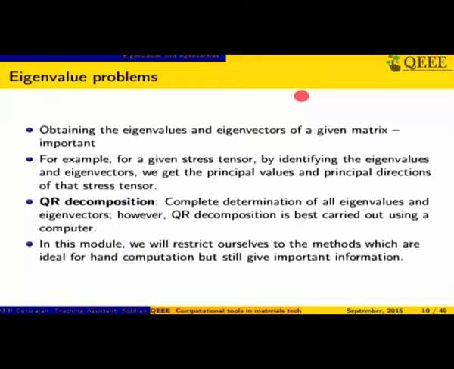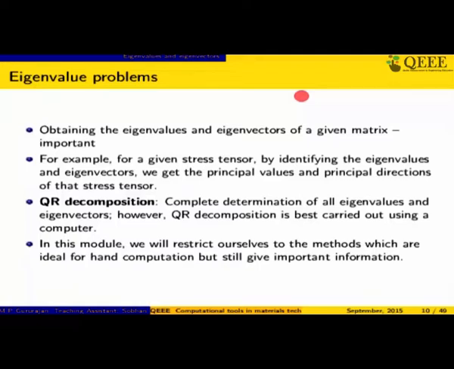Some of the references that I have talked about earlier, like Gerald and Wheatley, for example, have some information on QR decomposition. You can take a look at it. There is also lots of information online. One of the online resources which is very good is the Numerical Recipes textbook, which is available for free download on the net. It has details of what QR decomposition is and how it is carried out.